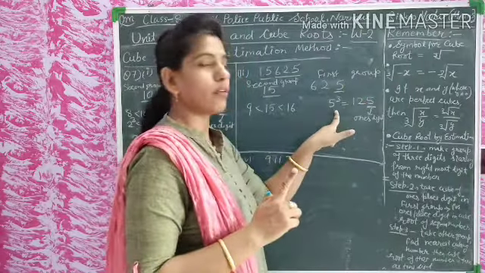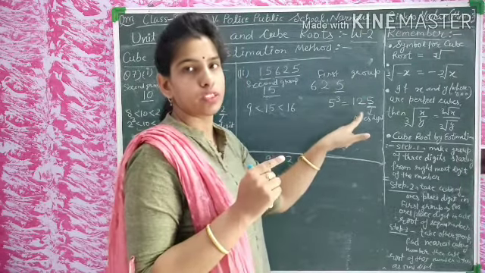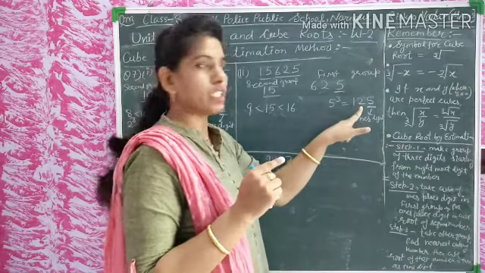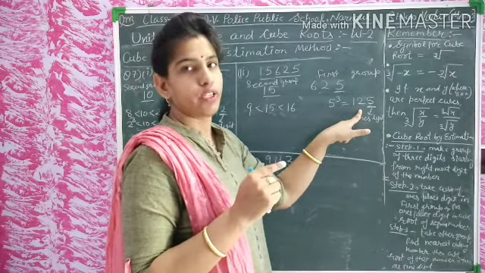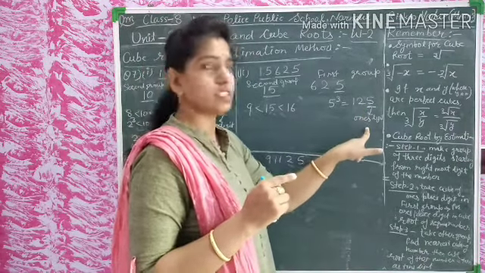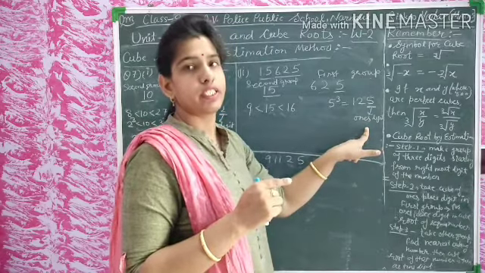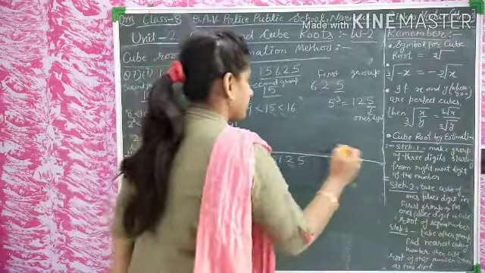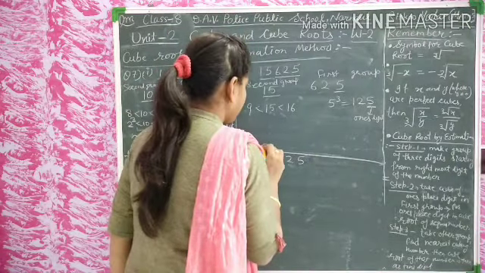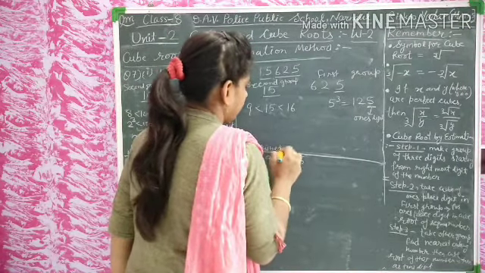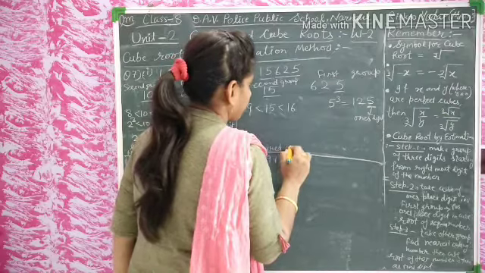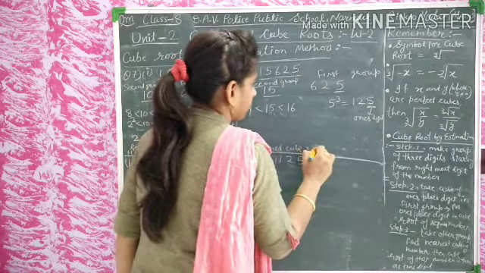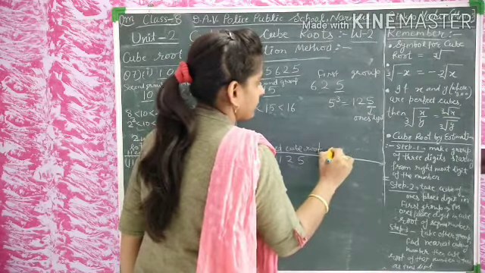The cube of this ones place digit is 125. So this is the ones place digit in the answer, the required cube root, whose ones place digit is 5.